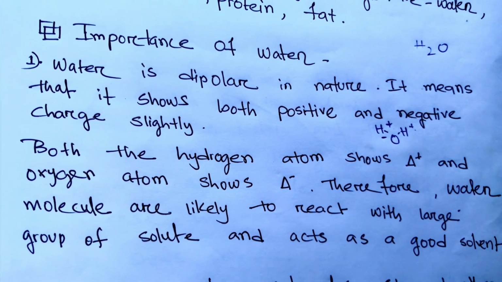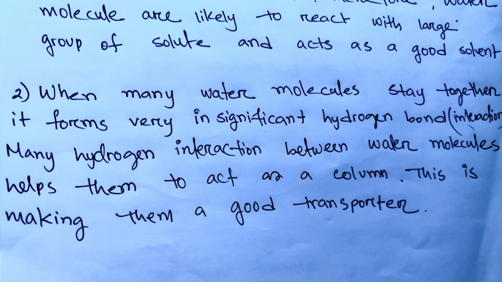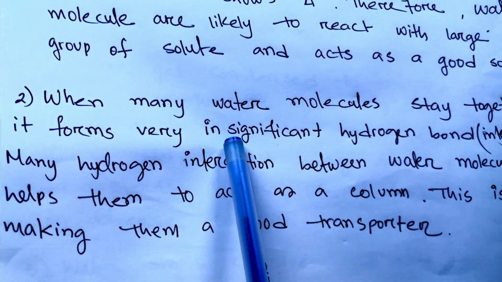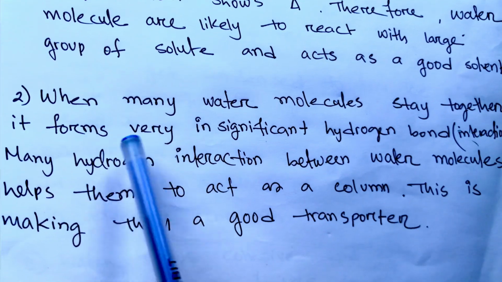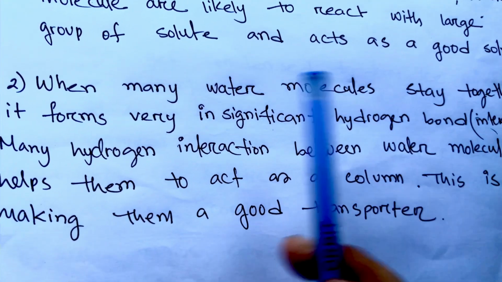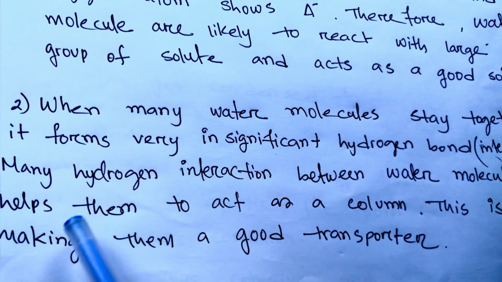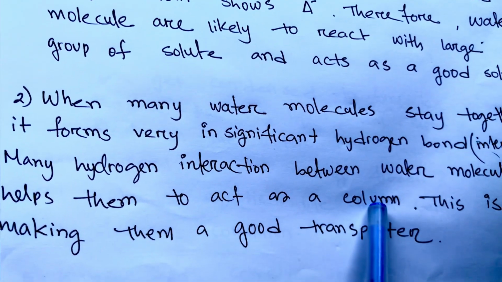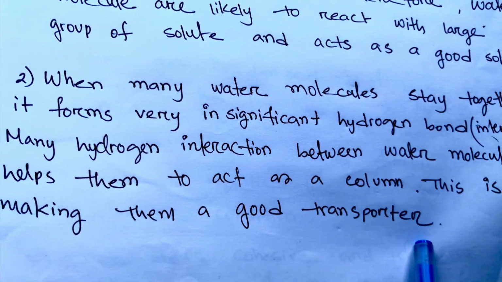Now let's move on to the second property of water, and that is when many water molecules stay together, they form hydrogen bond interactions. Many hydrogen interactions between water molecules help them to act as a column. This makes them a good transporter.